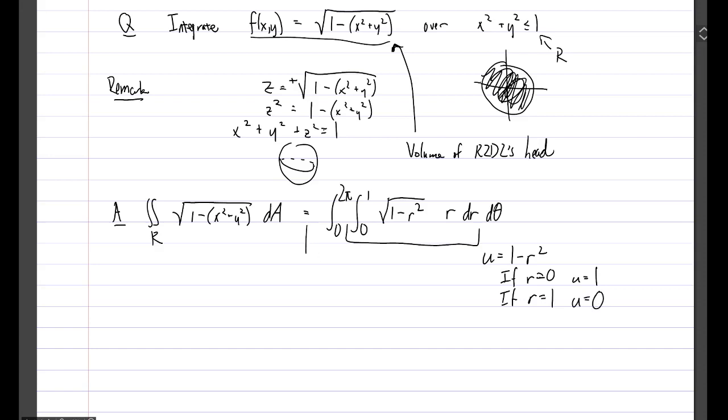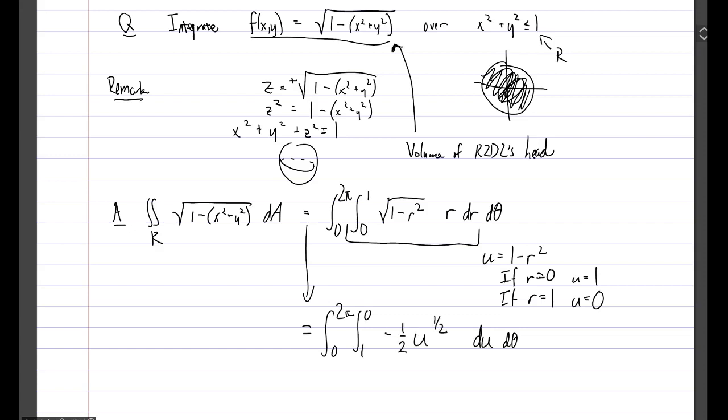Okay, so when we write this integral, we're going to have the outer integral from 0 to 2 pi with a d theta. We're not touching that part yet. But when we do our substitution, this integral is going to have to be from 1 to 0, because these are now u values. There's a du here, and in the end we'll have negative 1/2 u to the 1/2 power.